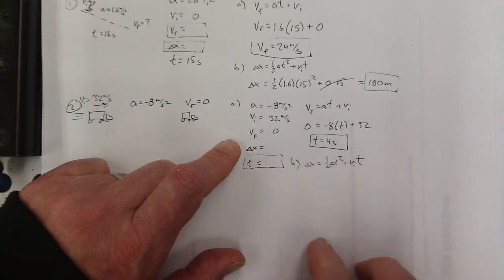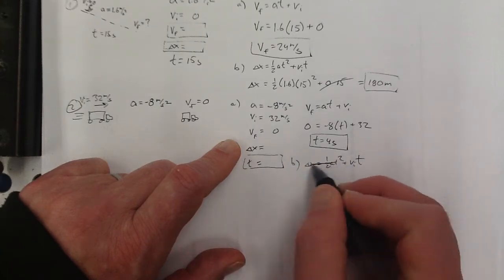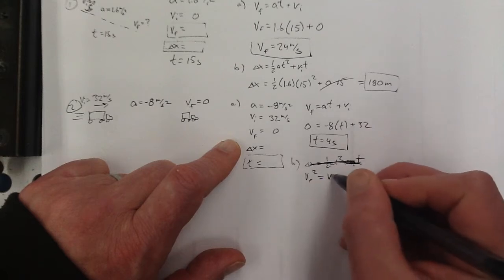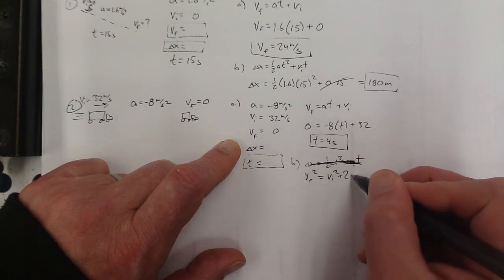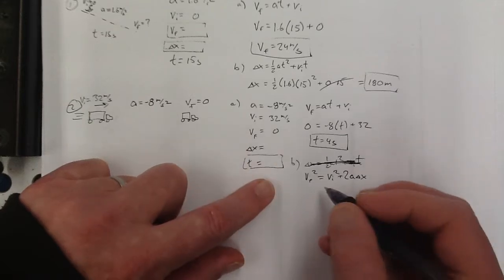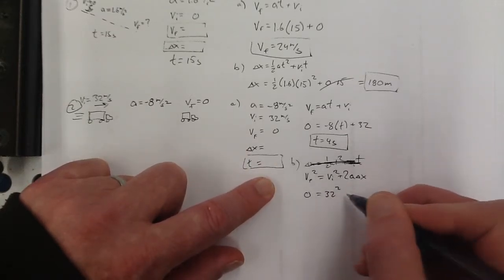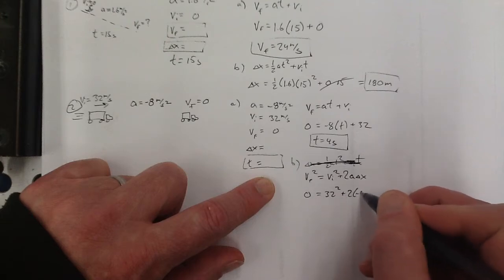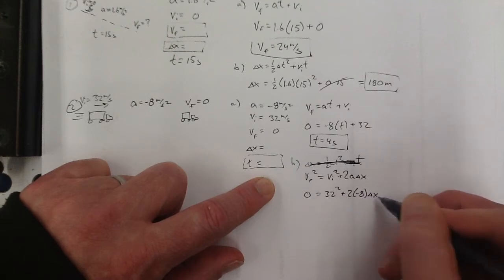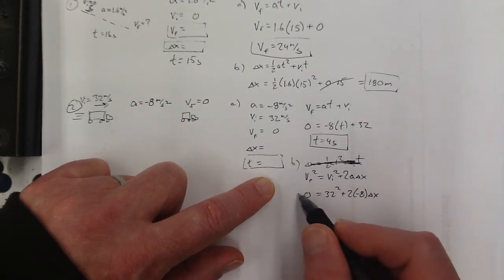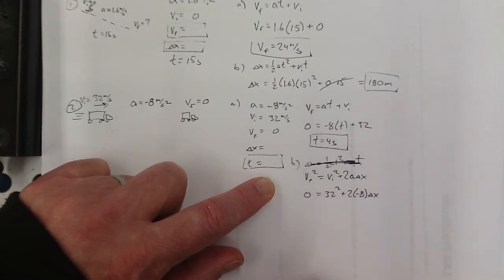For part B, we want the delta x. Oh, this is the wrong equation here, isn't it? We want this one. So the VF is 0, the initial is 32, plus 2 times negative 8 times delta x. Algebra happens, so I'm going to move this to the other side. That's 32 squared divided by negative 16.